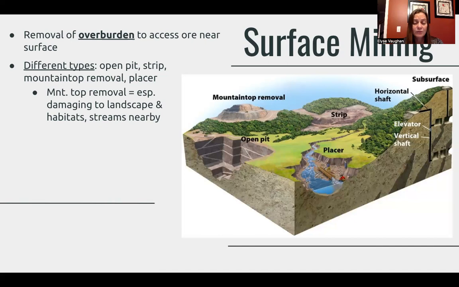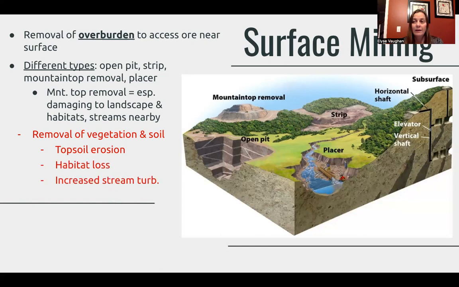We're going to increase stream turbidity because all those sediments that used to be held in place are going to be eroding down into the streams. And finally, we're going to increase particulate matter in the air.